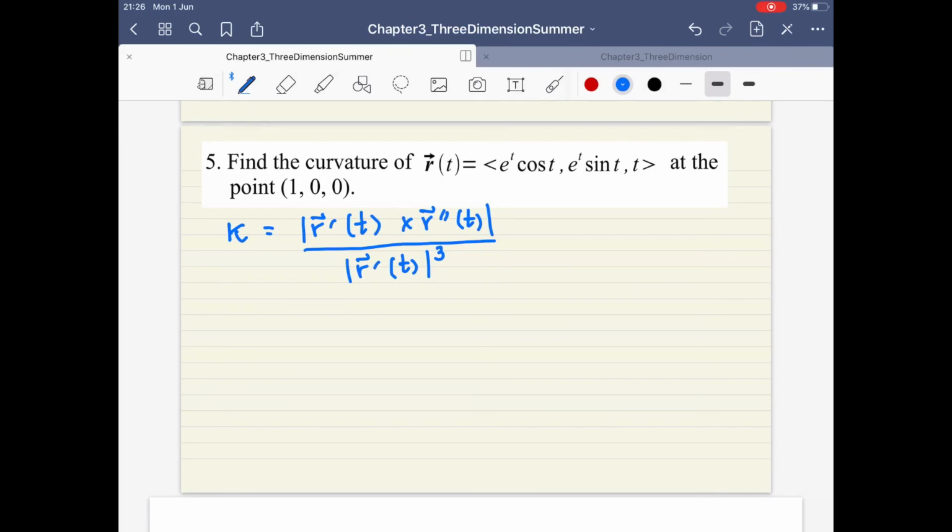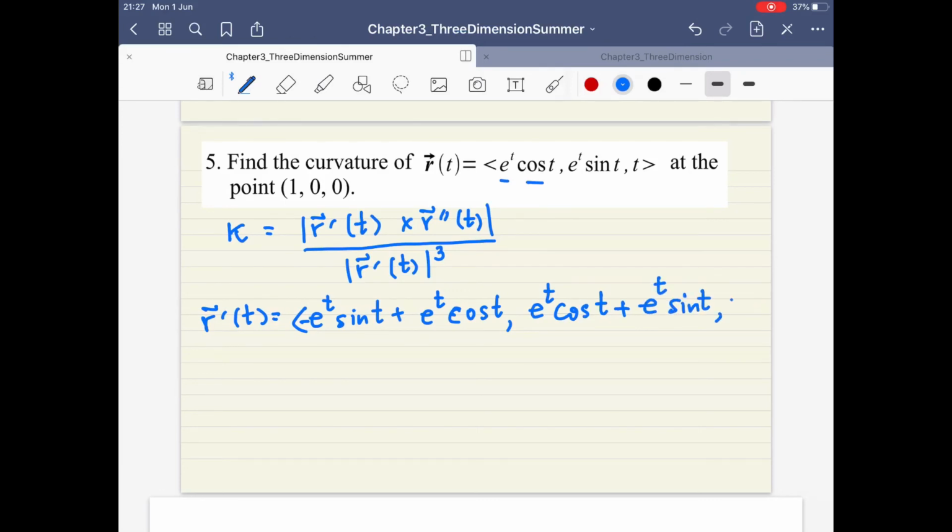So all you need to find is your r prime, which uses the product rule. So it is the first derivative of the second plus the second derivative of the first. Okay, and then here the first derivative of the second, which is cosine, and then the second derivative of the first, you still have e, and then this is 1.